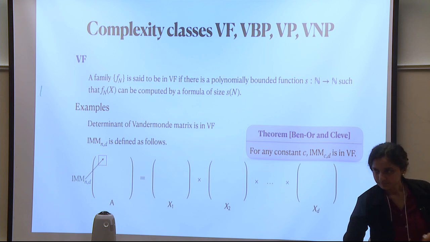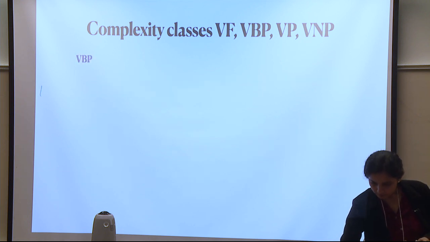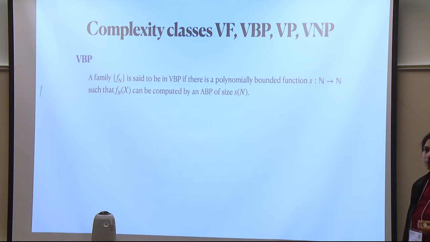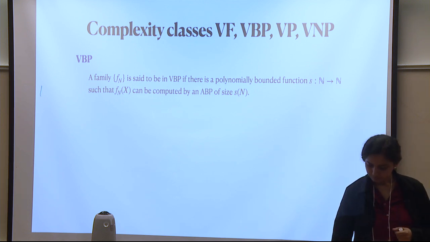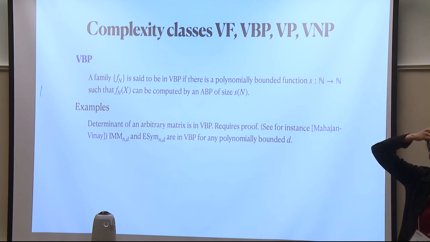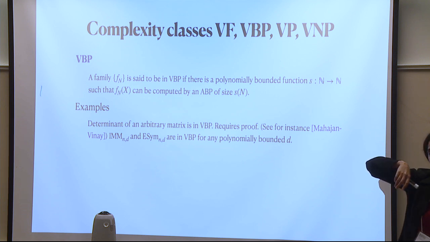So VF introduced. What about VBP? Same logic again. Polynomial families that have polynomial sized branching programs. Examples, if you don't stay within Vandermonde determinant, but take generalized determinant, like the polynomial I introduced in the very beginning, the classic polynomials I called them.